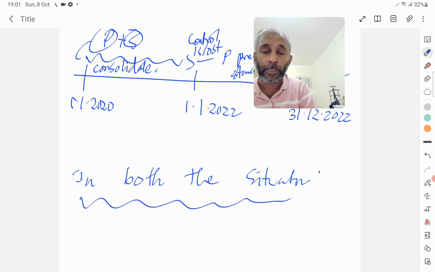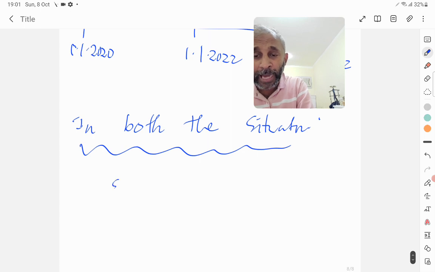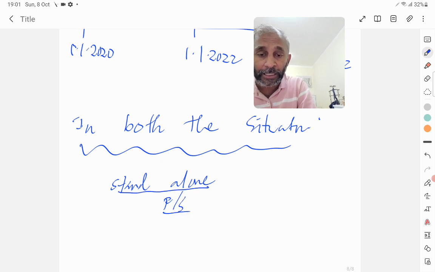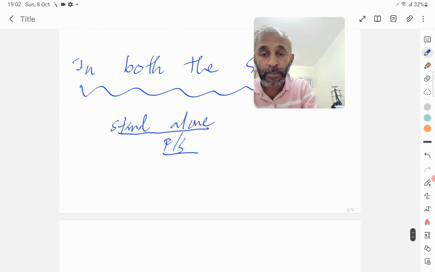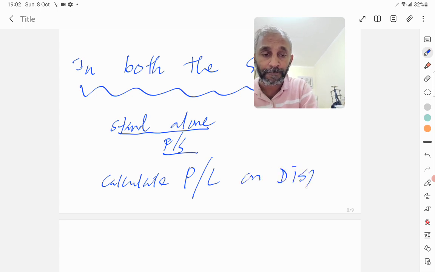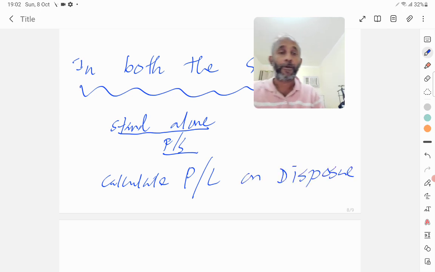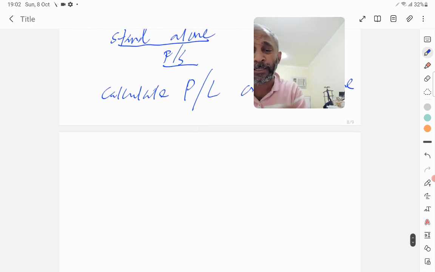In both the situations, what you should do, first in standalone financial statements, you should calculate profit or loss on disposal. How do you do that?